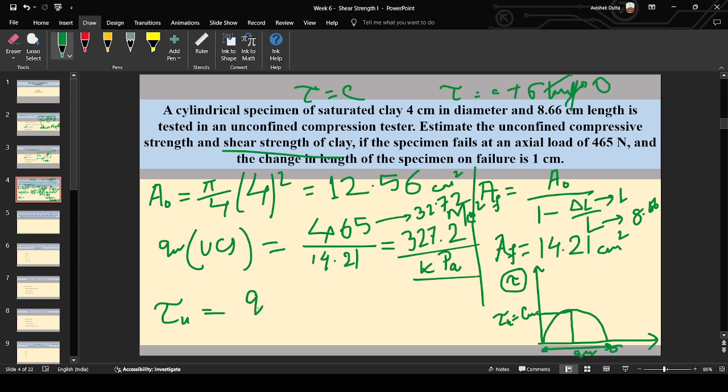It will be Qu by 2. It is half of the UCS, and the value in kilopascal will be 327.2 divided by 2, which is 163.6 kilopascal.